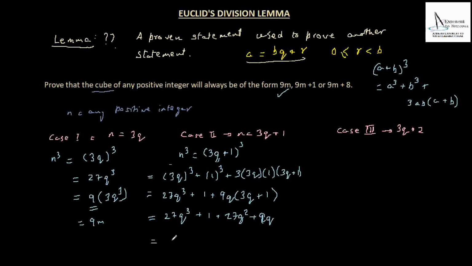I can again factorize out the 9, so I'll be left with 3q cube. 1 is not divisible by 9, so 27q squared gives 3q squared, plus 9q, since we have factorized out the 9, we are left with just q, and the leftover 1 we can write at the end. So again, if we take this whole thing as m, we can say that n cube can take the form 9m plus 1. So we've got the second case also covered.